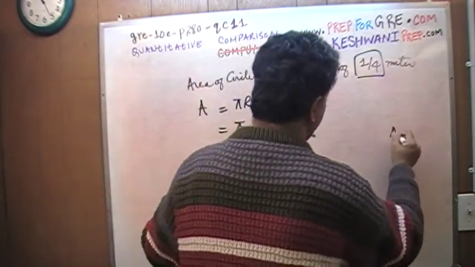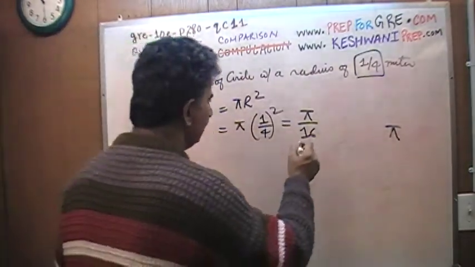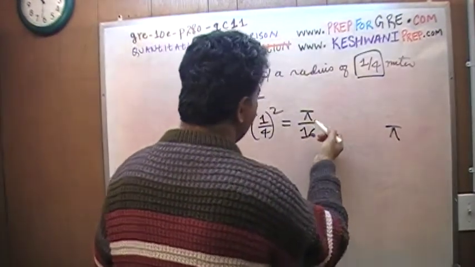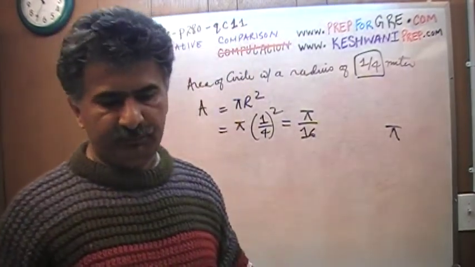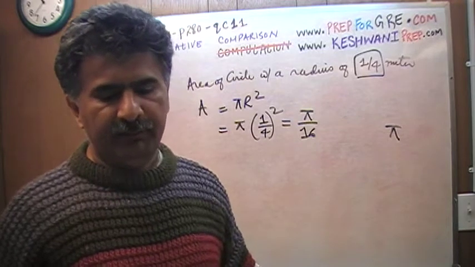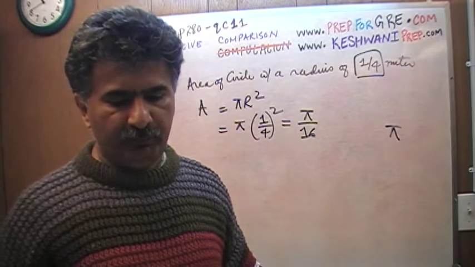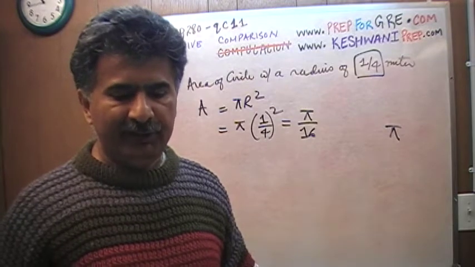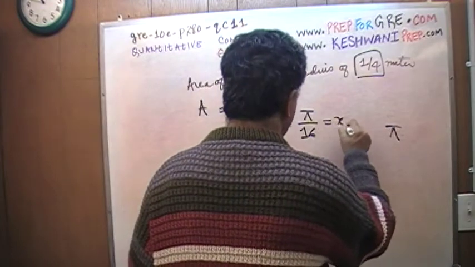And what are they calling that quantity? They christen it x. Let me read again what it says here. The area of a circular region having a radius of 1/4 of a meter is x square meter. So I'm going to call it x.